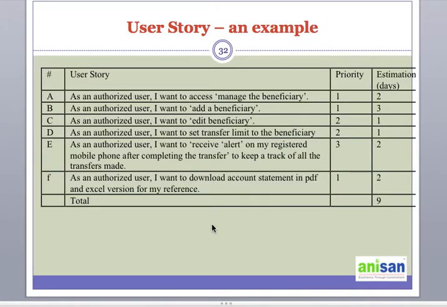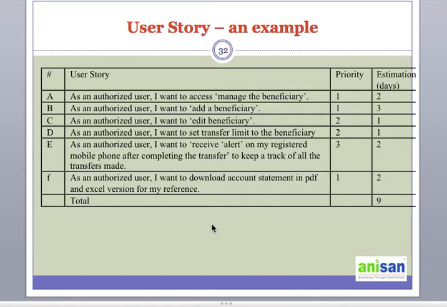Here is the example we have created for the user stories. You see the story numbers, the stories, priority and estimation. The priorities are mentioned as 1, 2, 3, and the estimations are mentioned in number of days. The first one: as an authorized user, that's who I am.